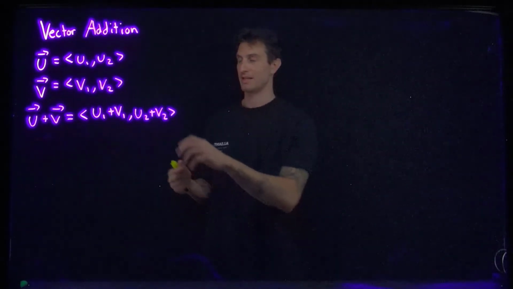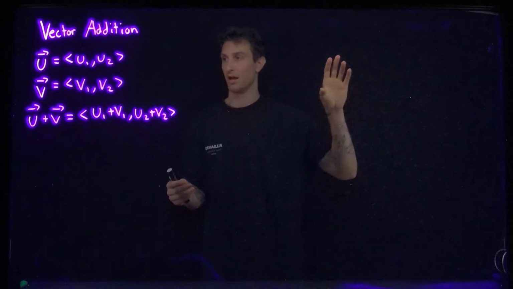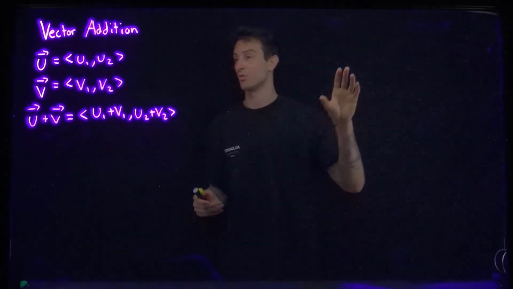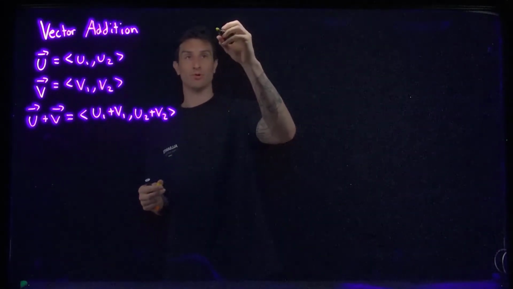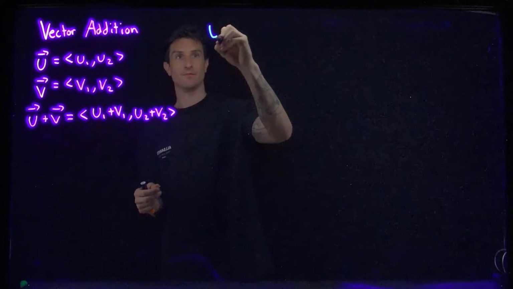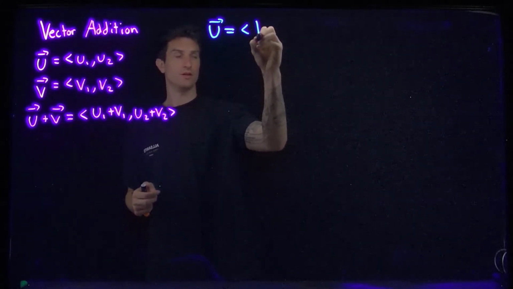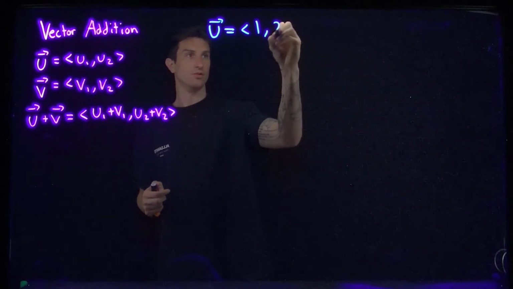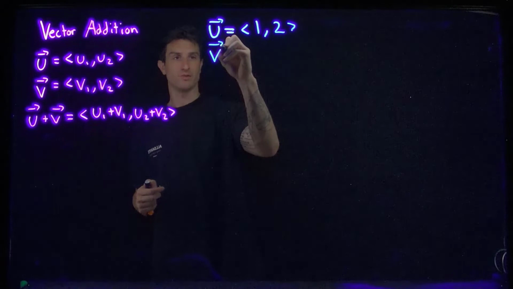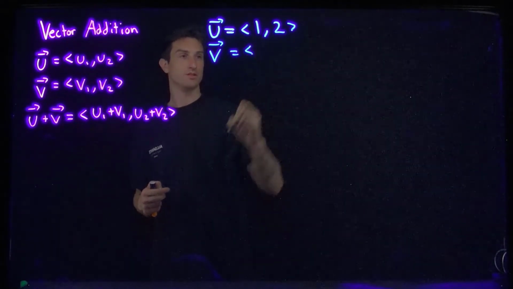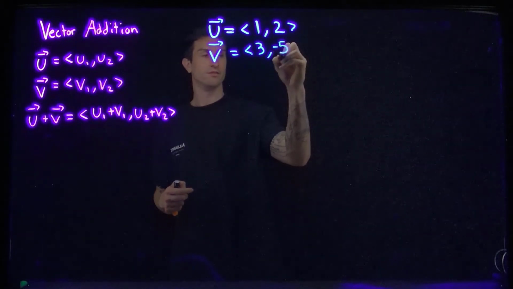So there's something else I want to mention with vector addition known as the parallelogram law. So we're going to do a drawing over here. Let's go ahead and do an example. Let's say u is equal to 1, 2, and we'll say v is equal to 3, -5.